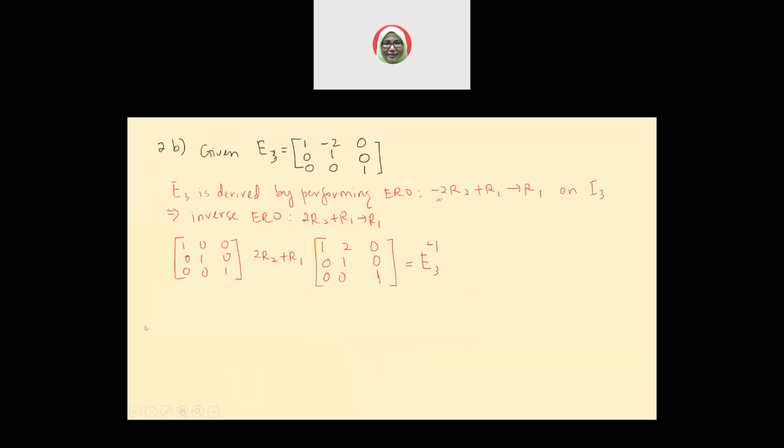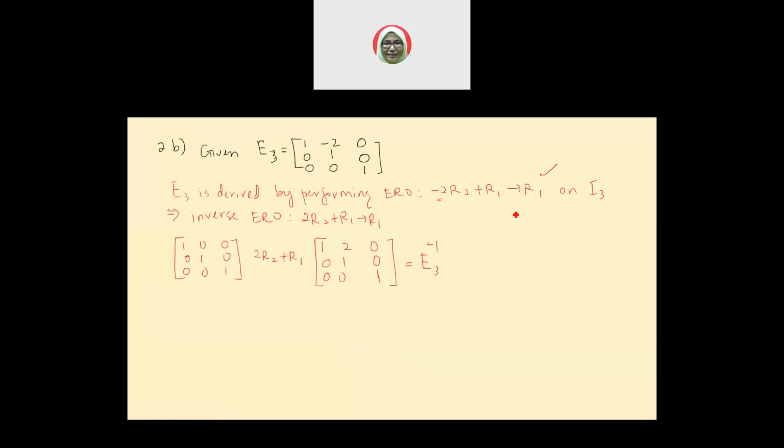Right, number 2B, E3, elementary matrix E sub 3. Given that it is a 3 by 3 matrix, E3 is derived by performing this row operation on I3. From this row operation we can get the inverse row operation.